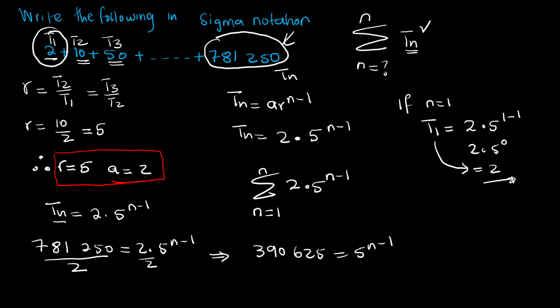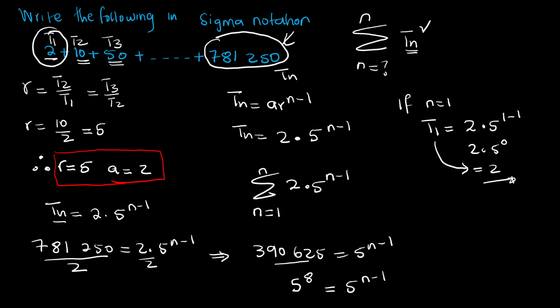If you punch this number on the calculator and use shift fact, this tells you that it is 5 to the power 8, which is equal to 5 to the power n minus 1.